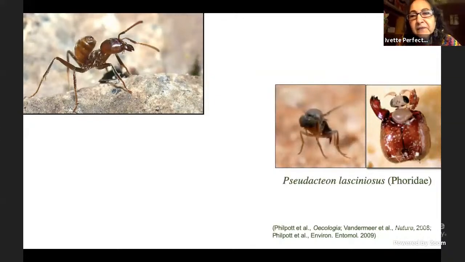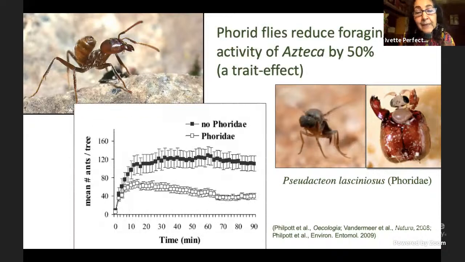Another interesting aspect of this system is that the main effect the fly has on the ants is a trait-mediated effect because it changes the behavior of the ant. Basically what happens is that when the flies arrive, the ants, to protect themselves, reduce their foraging activity by about 50%. And this is a comparison, from the work of my colleague Stacy Philpott, of areas with and without the phorid.